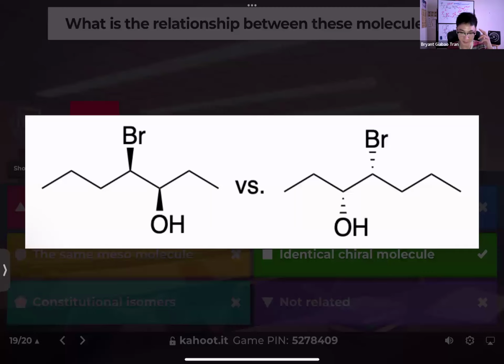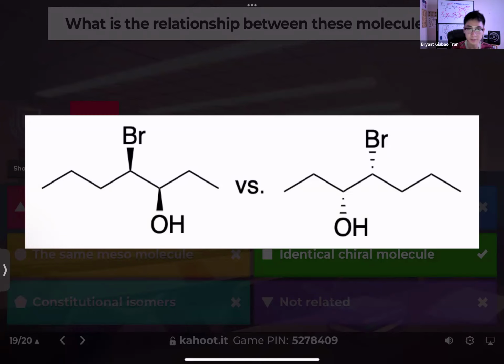The 100% correct way is to assign R and S to all the chiral centers, right? We see 2 chiral centers on the left side and 2 chiral centers on the right side. If you assign R and S to both chiral centers, they should be the same. If they're all the same, then they're identical, right?